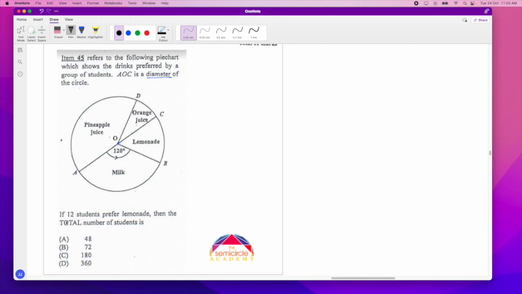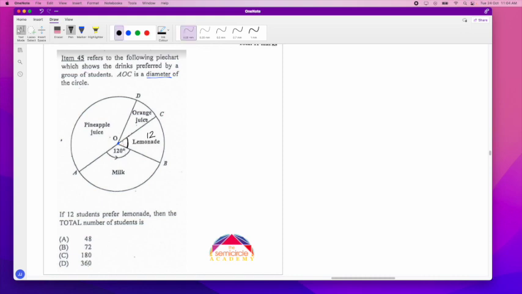So, 12 students here preferred lemonade, then the total number of students is what? Well, if 12 students preferred lemonade, I could get the amount of the angle for this. The angle for that would be 180 degrees minus 120, and that would give us 60 degrees.